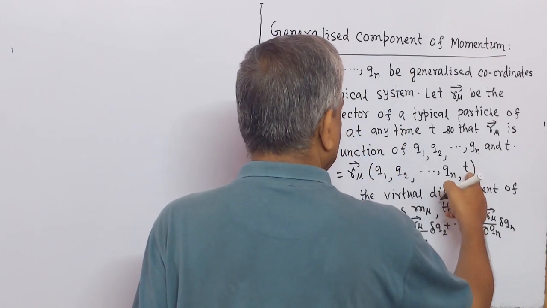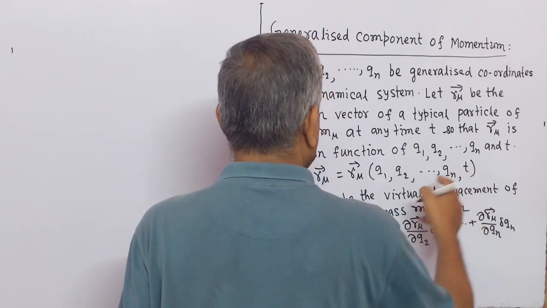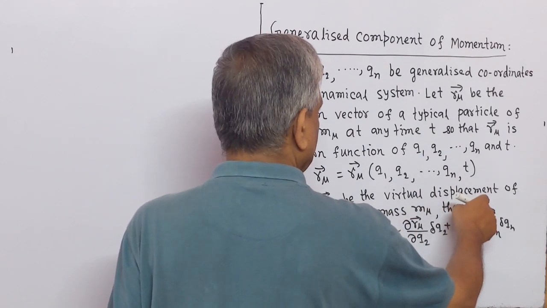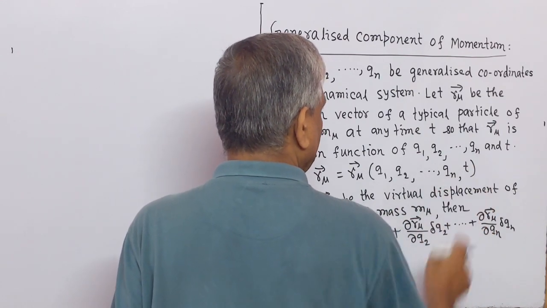We do not take t because it is a virtual displacement, and in this case delta t equals 0.